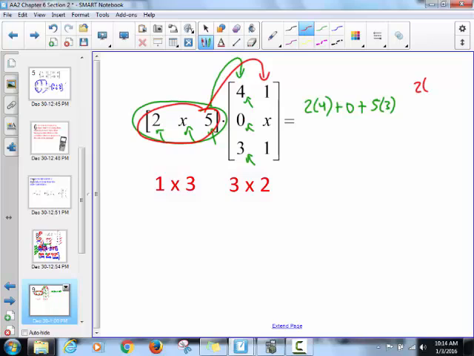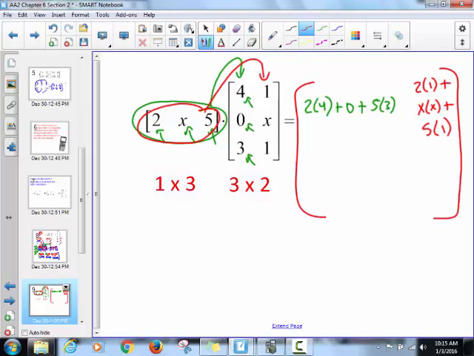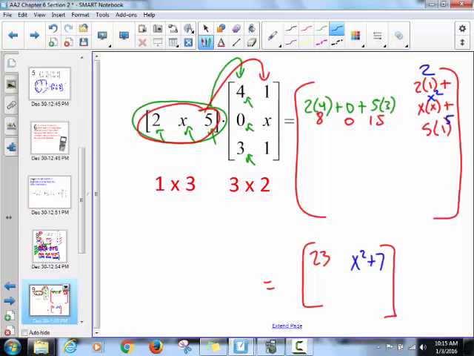So I'm going to have 2 times 1 plus x times x plus 5 times 1. Okay, so that's going to be the top 2 spots. So if I rewrote this down here, I would have 8 plus 0 plus 15, which is 23. And if I added these guys, I'd have 2 plus x squared plus 5. So that would be x squared plus 7, right? Because 2 plus 5 is 7.